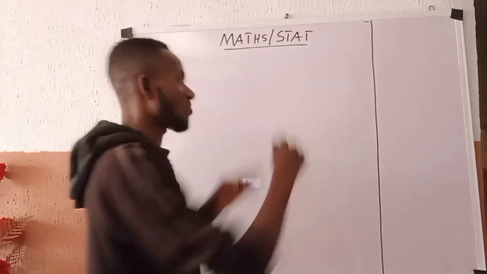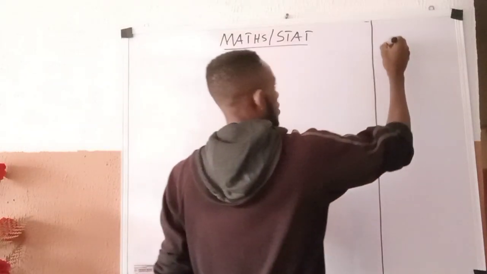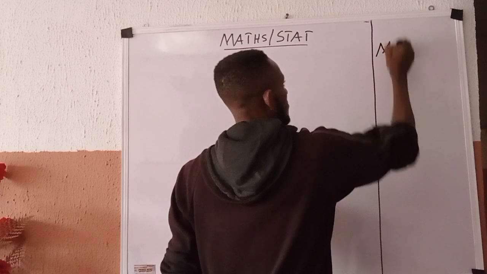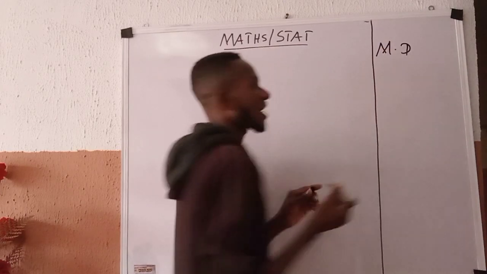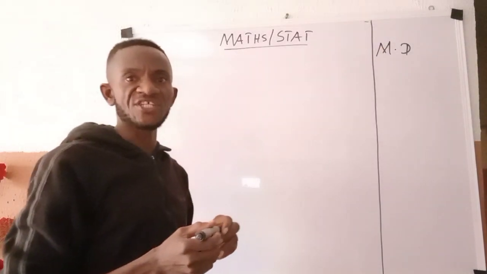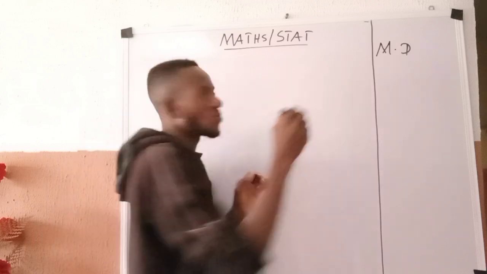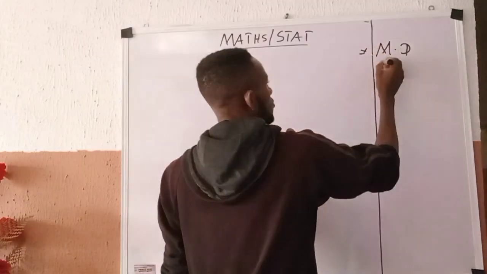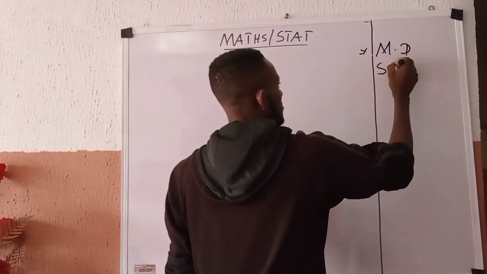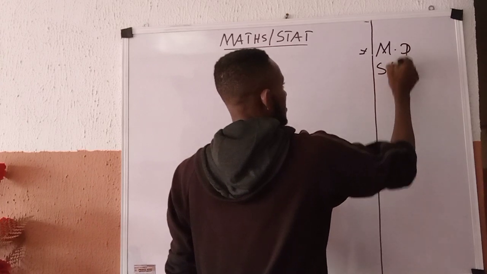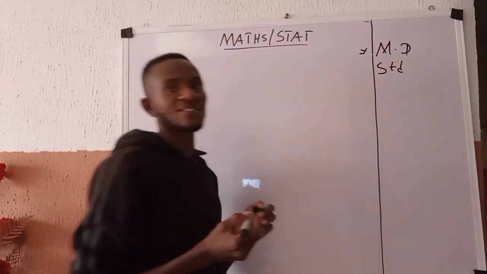Please permit me to manage the size of this board to write M.D. to stand for mean deviation. Then we equally will be talking about what we call standard deviation. Permit me to write STD, standard deviation.